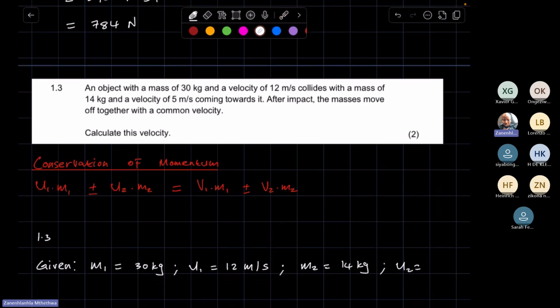If it is coming towards it, it means one is headed in that direction, the other one headed in the opposite direction. The two objects are coming towards each other. Are we together? Hello. Yes.